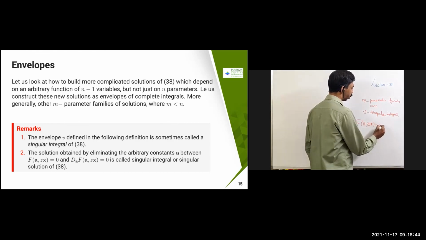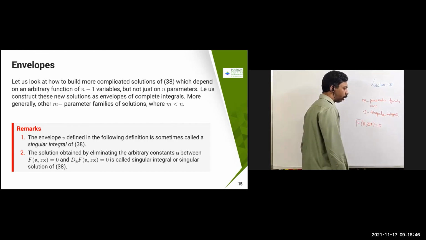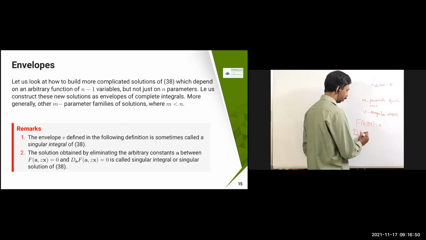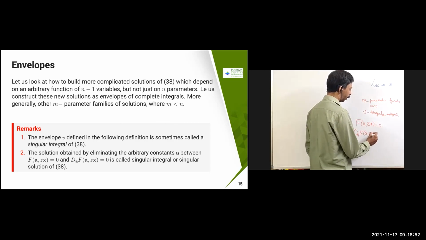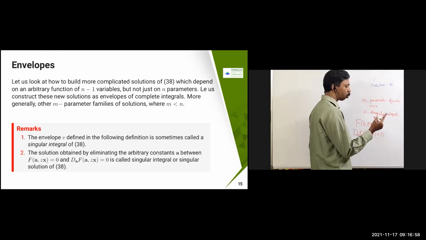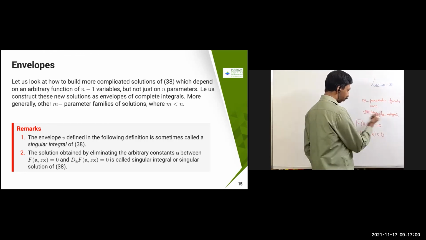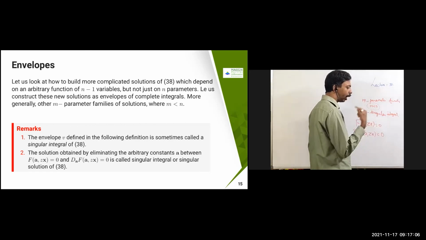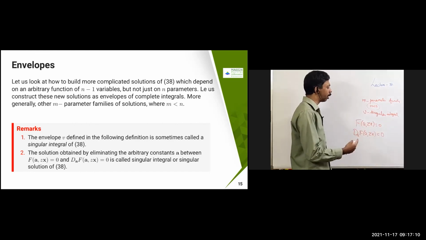And then you are going to find dA of f of a comma z comma x, and set it equal to 0. I'm just going to eliminate at least one. Of course, m less than n means I have to eliminate all of these, but at least one I'm trying to eliminate, one arbitrary constant between these relations.